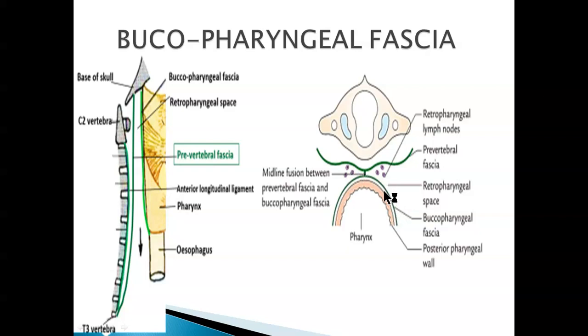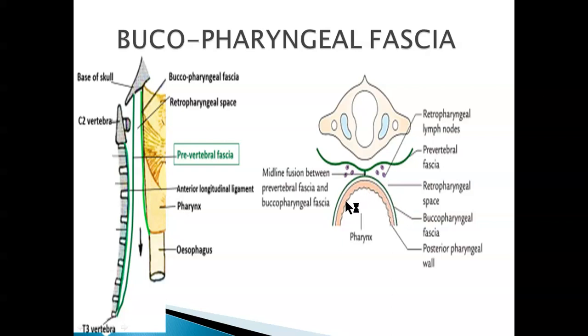Here we can see buccopharyngeal fascia. Here we have the pharynx, pharyngeal muscles, pharyngeal constrictors. And this is your lumen, where the food passes. This is the most anterior part, and this one is posterior. This is in the neck area. This is your buccopharyngeal fascia.